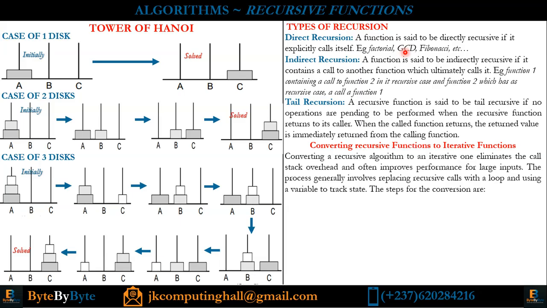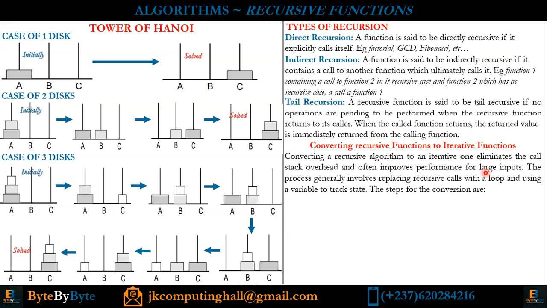Okay, converting a recursive function to an iterative function. To convert a recursive algorithm to an iterative algorithm, one eliminates the call stack overhead and often improves performance for large input. So when you are converting a recursive algorithm to an iterative one, you are eliminating the call stack overhead and will improve the performance for large input.